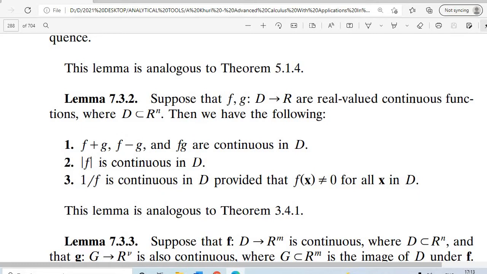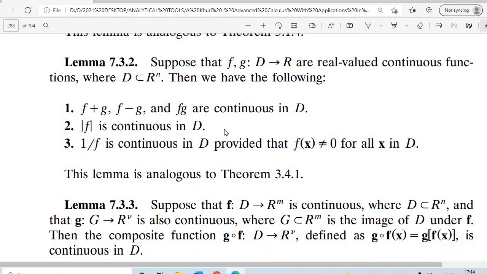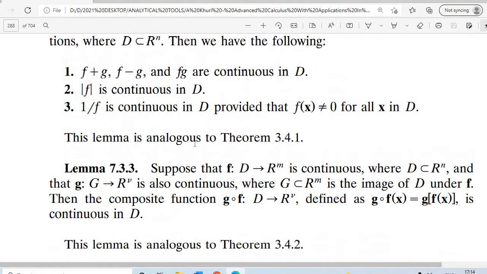If f and g are real valued continuous functions, then f plus g, f minus g and fg are continuous in D. The second result is that mod f is continuous in D. Then next, 1 by f is continuous in D, provided f of x is not equal to 0 for all x in D. This is the result.